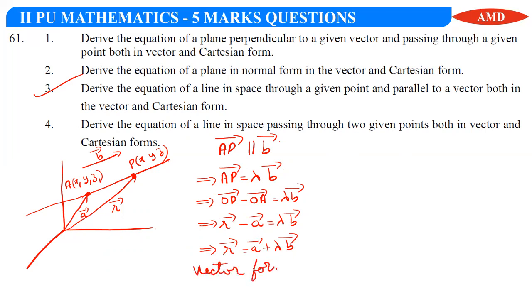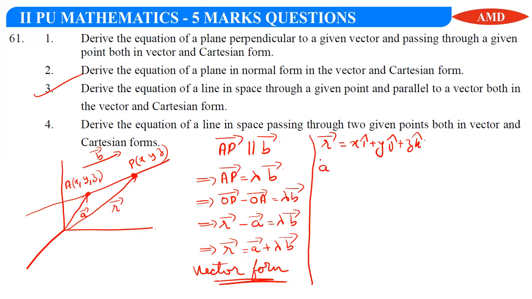Next, to get the Cartesian form. For every question you will have to get both forms, the vector form as well as the Cartesian form. The Cartesian form is just simplifying the vector form. You know what vector r is: it is the position vector of the point P, so it must be x i cap plus y j cap plus z k cap.